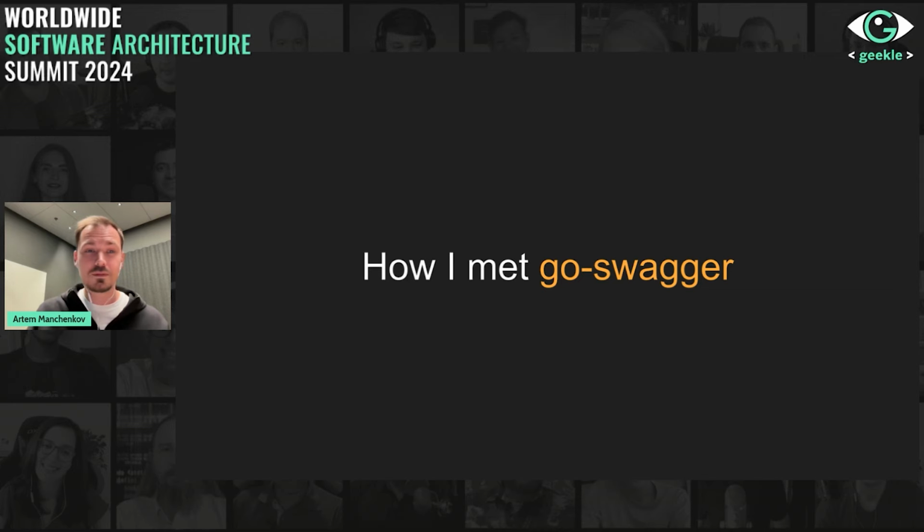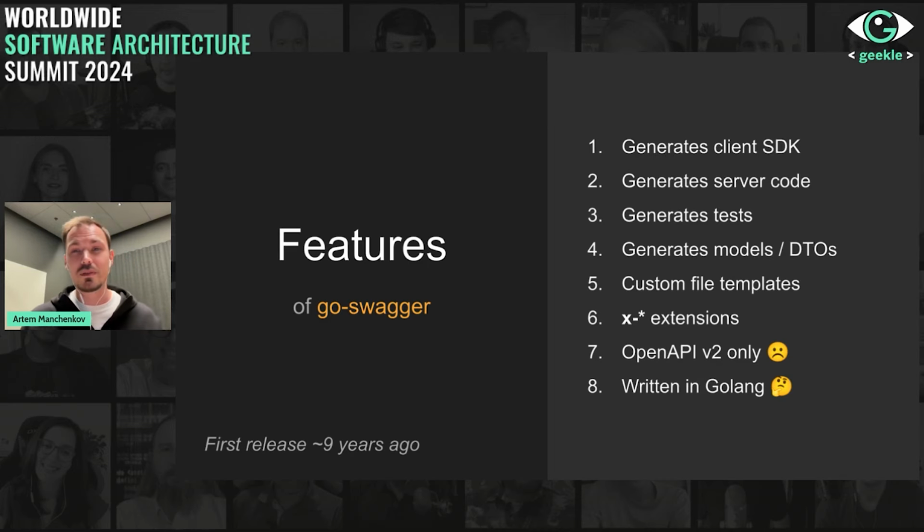Sounds simple. Let's start with a couple of words about the package itself. As you can see from the name, it works with the Swagger specification, which we also know as OpenAPI. But unlike the other solutions I mentioned before, it provides more features focused on code generation instead of specification generation.